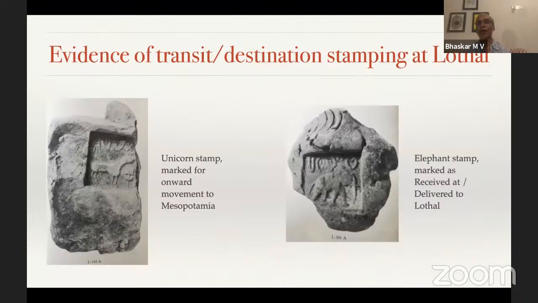So if a lot of the marine trade happened through Lothal, Lothal could be thought of as something like what Mumbai is today to India on the west coast. All the shipments and the majority of the trade happen from that.